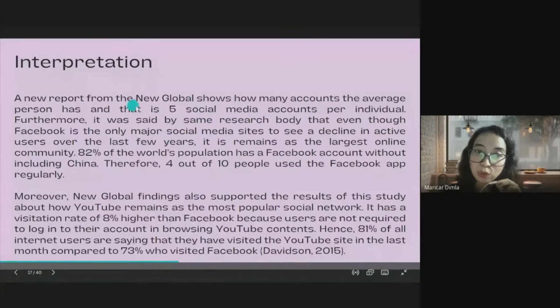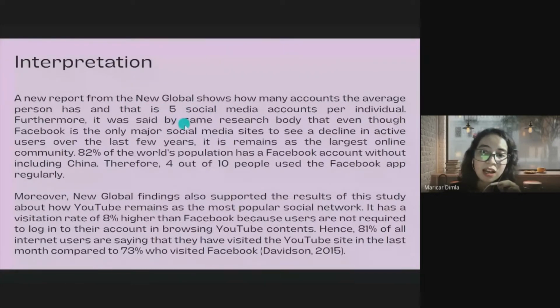According to the new global, the average person has at least 5 social media accounts. Di ba? And according to one of your RL and RS, 82% of the world's population has Facebook account.